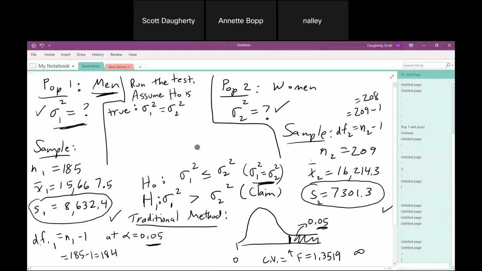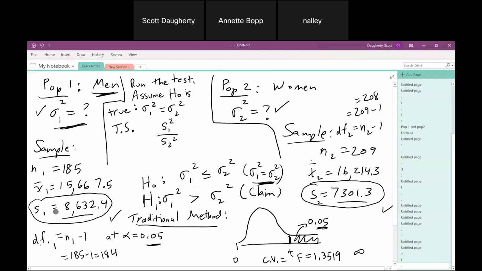Okay. And then the test statistic. We're going to find the test statistic for this, and it's going to be S1 squared over S2 squared. What we're going to do is find the ratio of this variance to this variance, the sample variances. But S1 is the larger one.